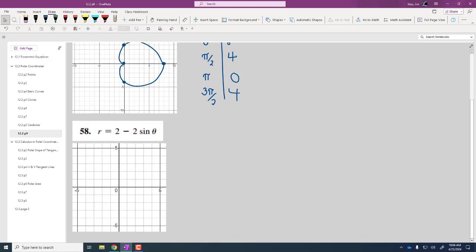All right, try this one. So 2 minus 2 sine theta. But you do have to be efficient at evaluating your trig functions of the quadrantal angles.